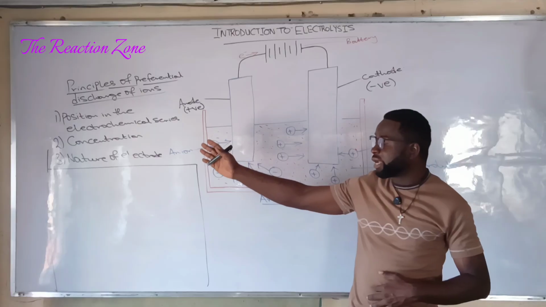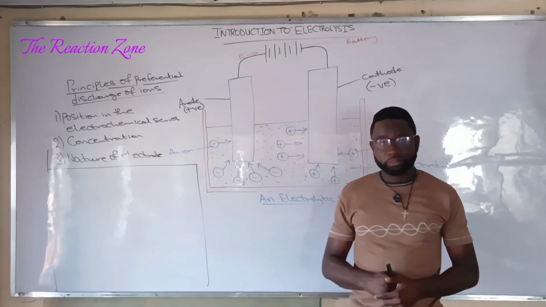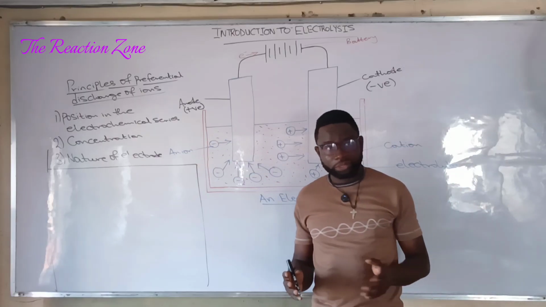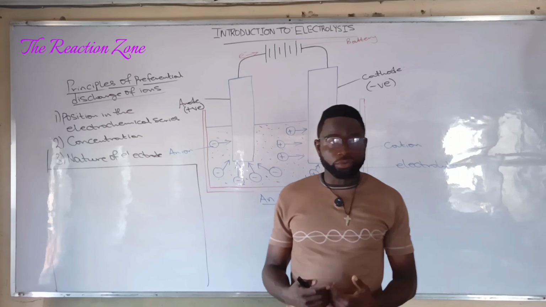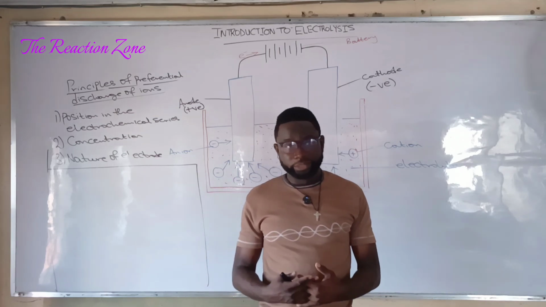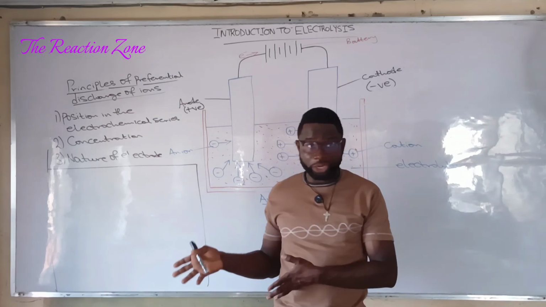The position of the ion in the electrochemical series determines which of the ions will be deposited at a particular electrode.